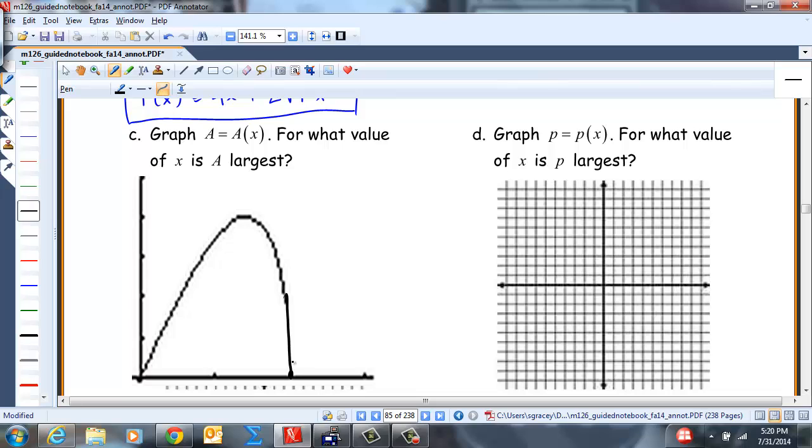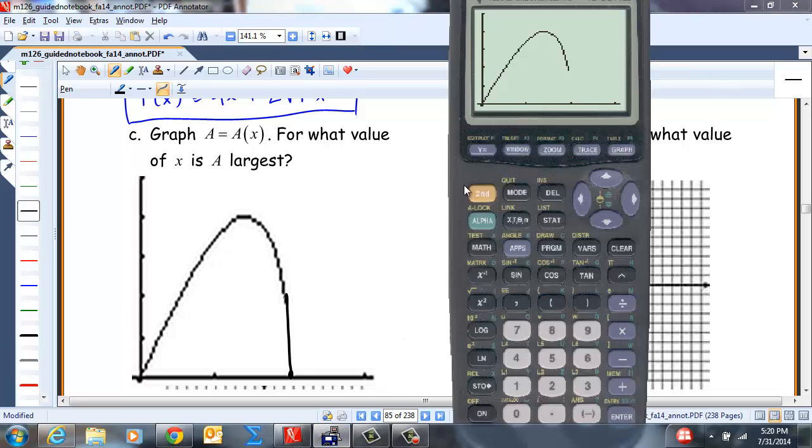All right, so for what value of x is the area largest? Well, again, we'll do our maximum feature. So if we go to second, calculate maximum. So we go to the left of the maximum, hit enter. And then the right of the maximum, hit enter again.